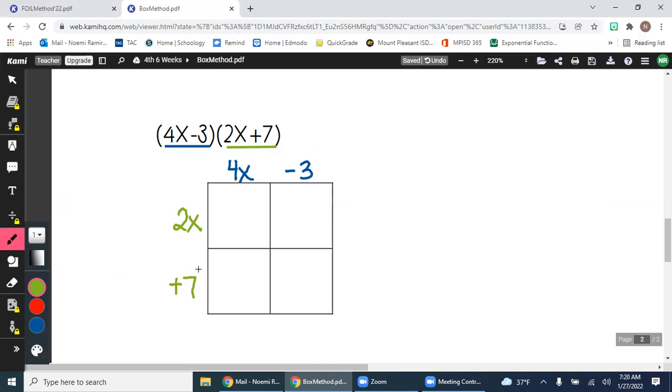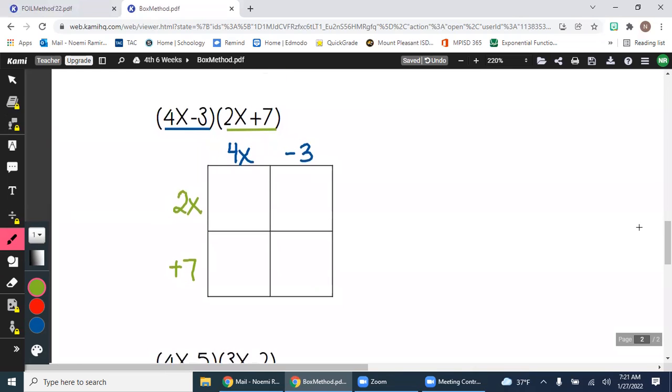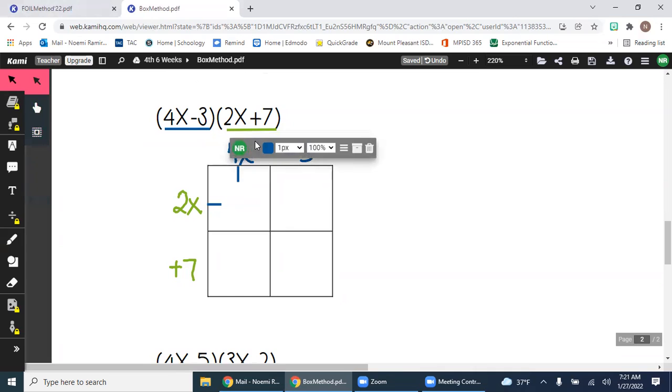Now, the way that this box method works is that you're going to multiply your column with your row. So in this first box, you're going to be multiplying 4x with 2x. I'm trying my best so I can draw some arrows.